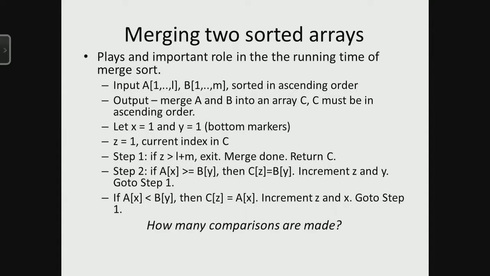Before we go there, let us look at a key step which plays an important role in the merge sort algorithm, which is the time taken to merge two sorted arrays. Let us look at it as an independent exercise, not just in the context of merge sort. The input consists of two sorted arrays and the output should be a third array which contains all the elements of the two arrays in sorted order.